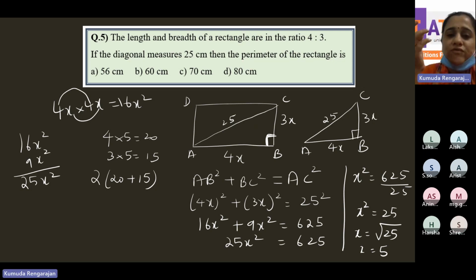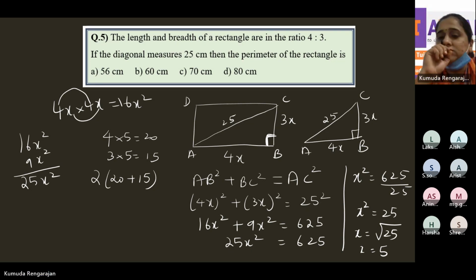So once you find the value of x, you can find the length and the breadth of the rectangle. And once you know the length and breadth, you can find the perimeter using the formula 2 into L plus B. So the answer is 70 centimeters.